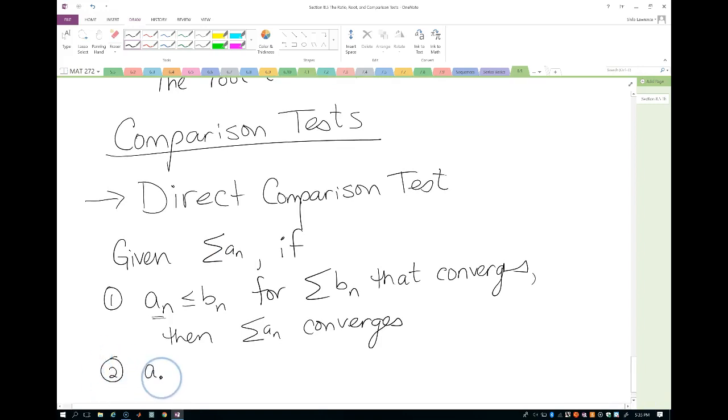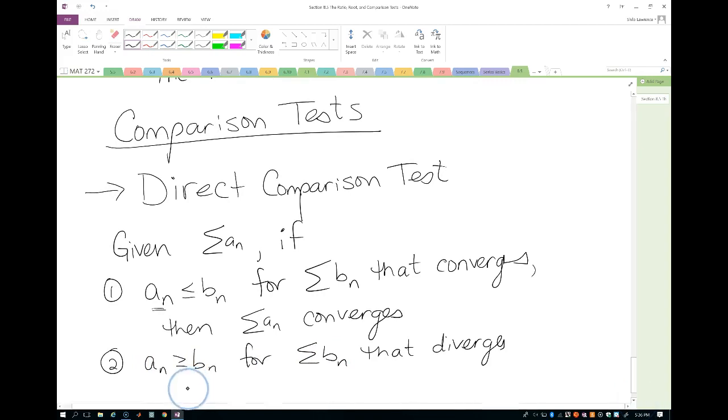If all of our a sub n's are greater than or equal to b sub n, and the sum of the b sub n's diverges, well, if all of our terms are larger than those and those diverge, then ours must diverge as well.